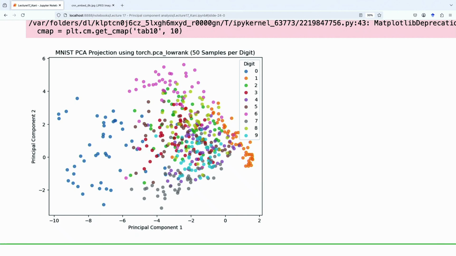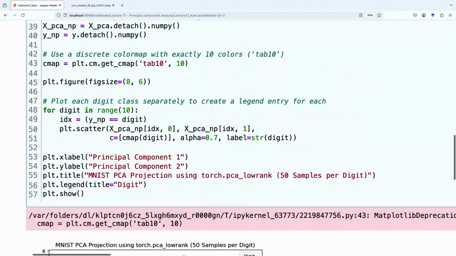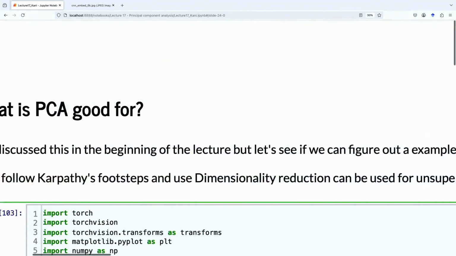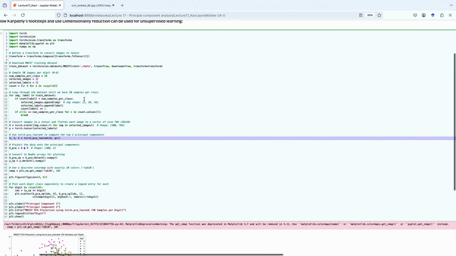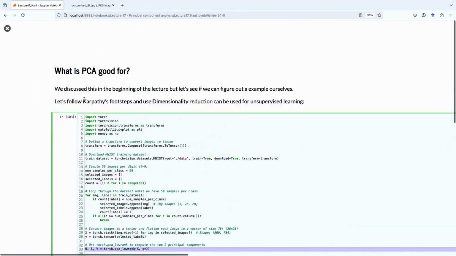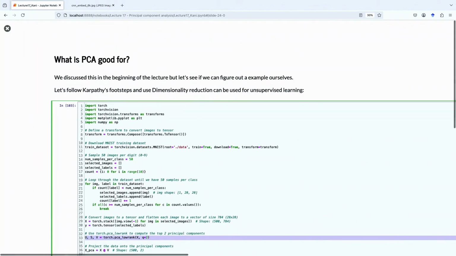So what's important here, the one difference between what I did and Karpathy's image is that Karpathy first trained a convolutional neural network, and then took the last hidden state, I want to say, and then did PCA on the last hidden state. And then he got that big collage.